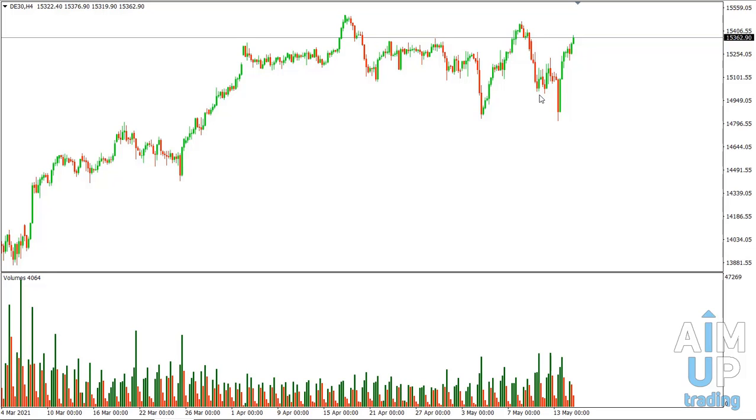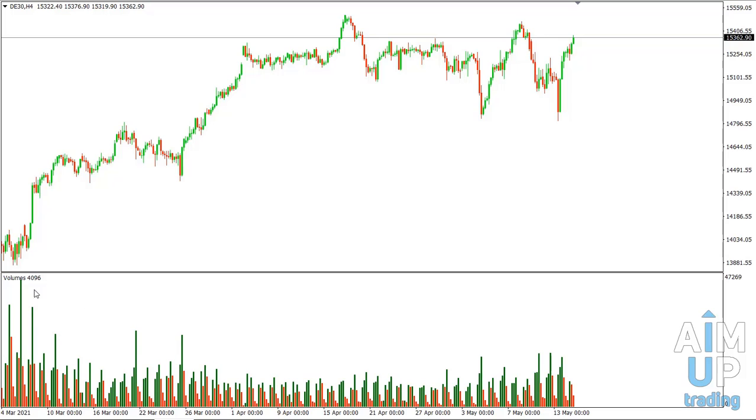But basically what the volume indicator is, you see those green and red bars. What does that mean for you? When we see a green bar, of course, it makes sense that we're gonna be looking for buy opportunities, and basically the green bar shows us that there are more buyers on the market at this particular moment.